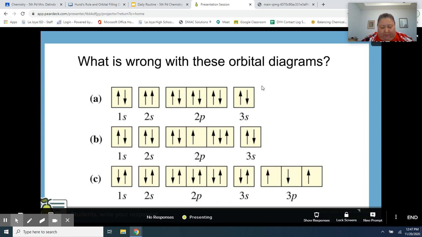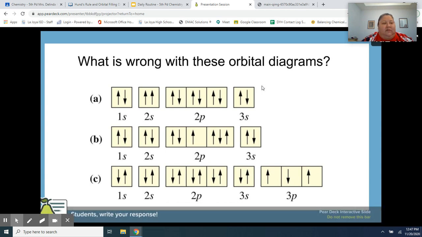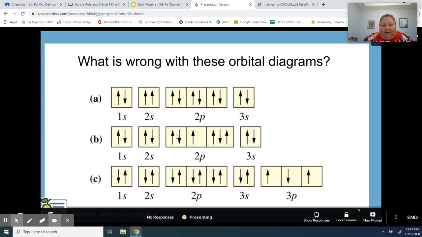Okay, Oscar, B. What do you see that's wrong with it? 2p has 3 arrows. Okay, so the first orbital is okay. I got 2. The second orbital is okay. I got less than 2, but okay. But look at orbital 3. It has 3 arrows.